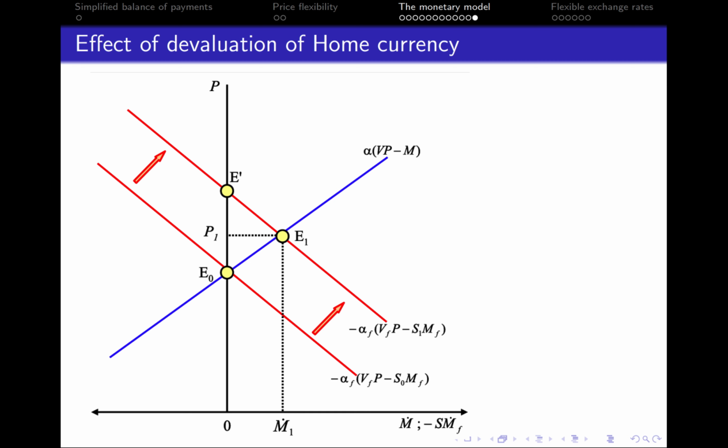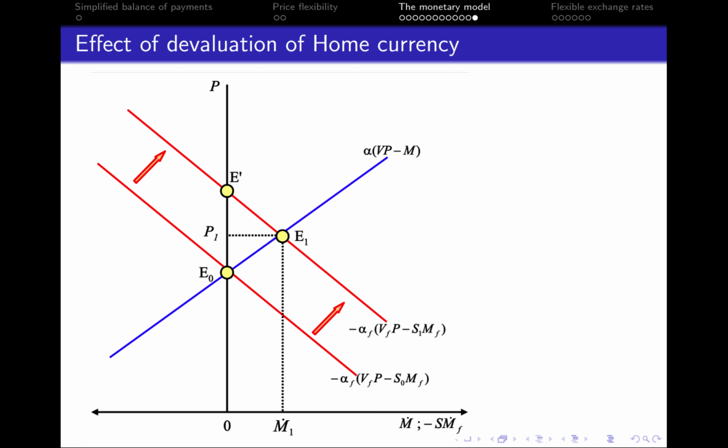Well, what would happen next? If prices in foreign would fall, of course, we would expect money demand in foreign to fall as well. And as money demand decreases in foreign, foreigners have incentive to dishoard at current domestic prices, right?